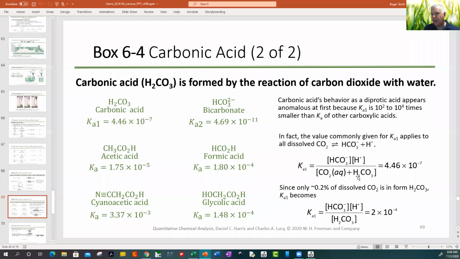And so it's kind of weird because if you only count the H2CO3, right? So you make a normal looking Ka here, then it's much, much different. And it's like a normal carboxylic acid. Its pKa is about 4, right?